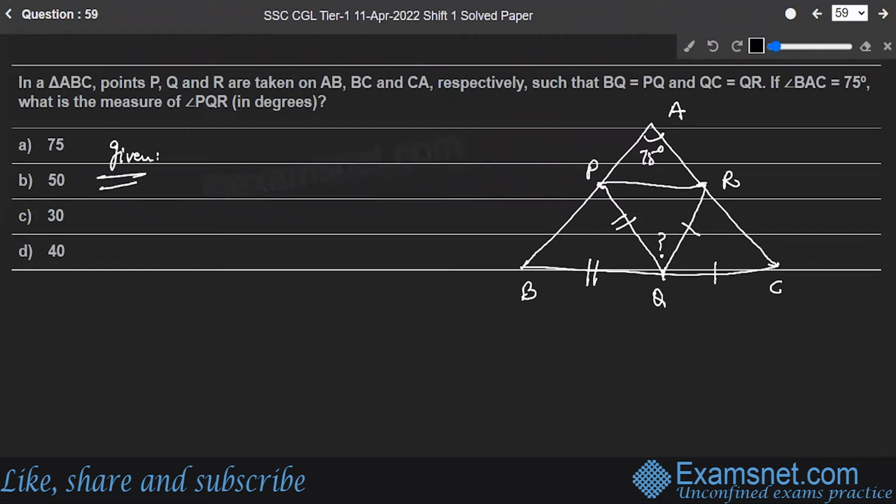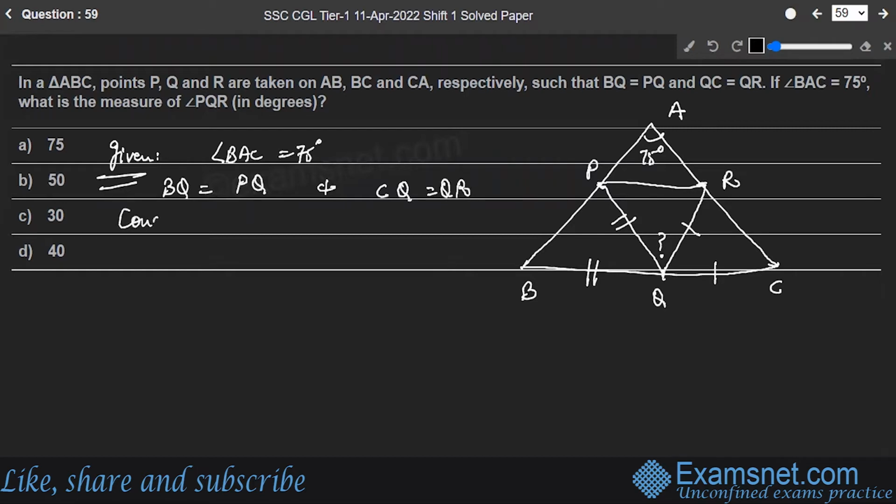Write down which things are given in the question. We are given angle BAC is equal to 75 degrees, BQ is equal to PQ, and CQ is equal to QR.